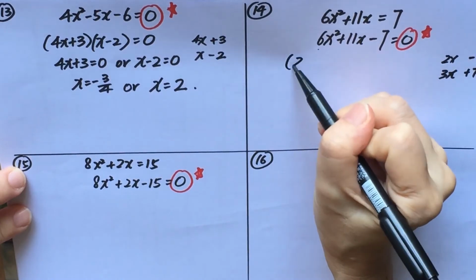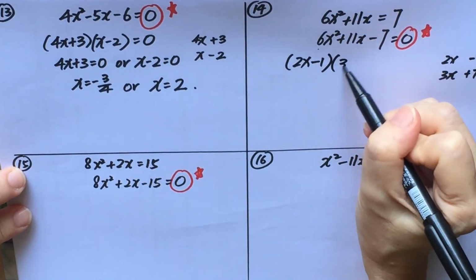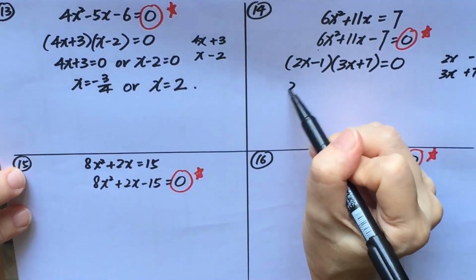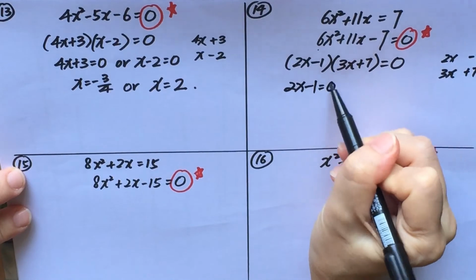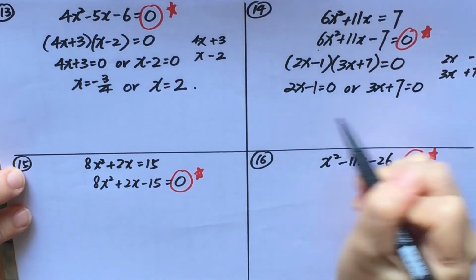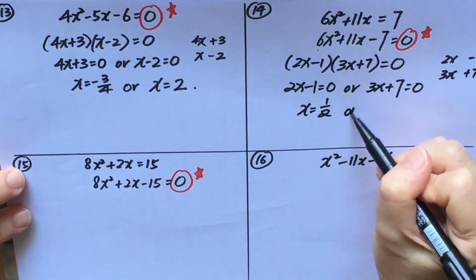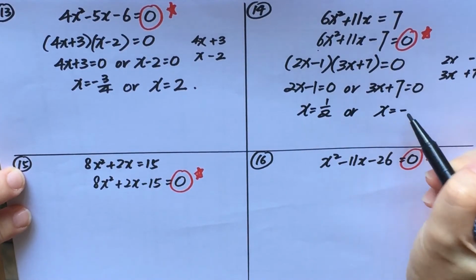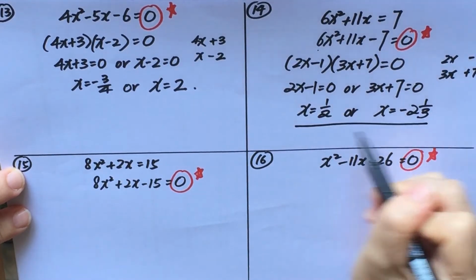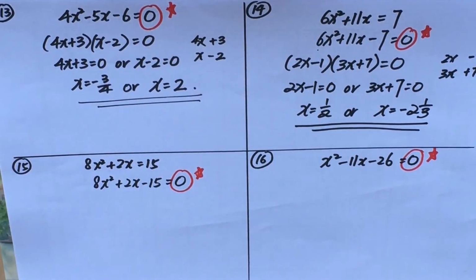So now we factorize it to be 2x minus 1 multiplied with 3x plus 7 equals to 0. Okay, so now factor law, the first factor is 0, or the second factor is 0. So if the first factor is 0, x will be a half. And then if the second factor is 0, x will be equals to negative 7/3. So these two are the answers. Okay.